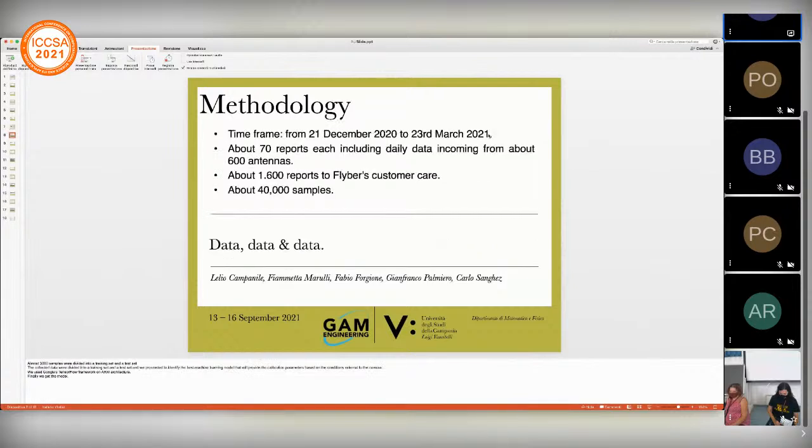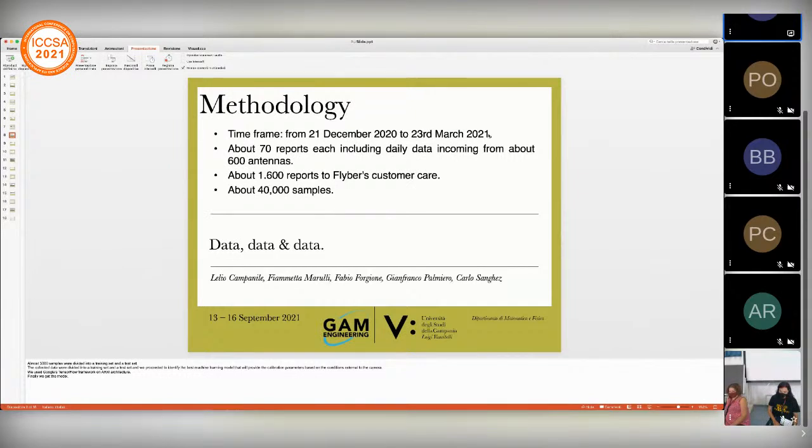So just two words about the data. The time frame was from December 2020 to March 2021. About 70 reports. Each report includes daily data incoming from about 600 antennas. Antennas are the customer premise equipment.